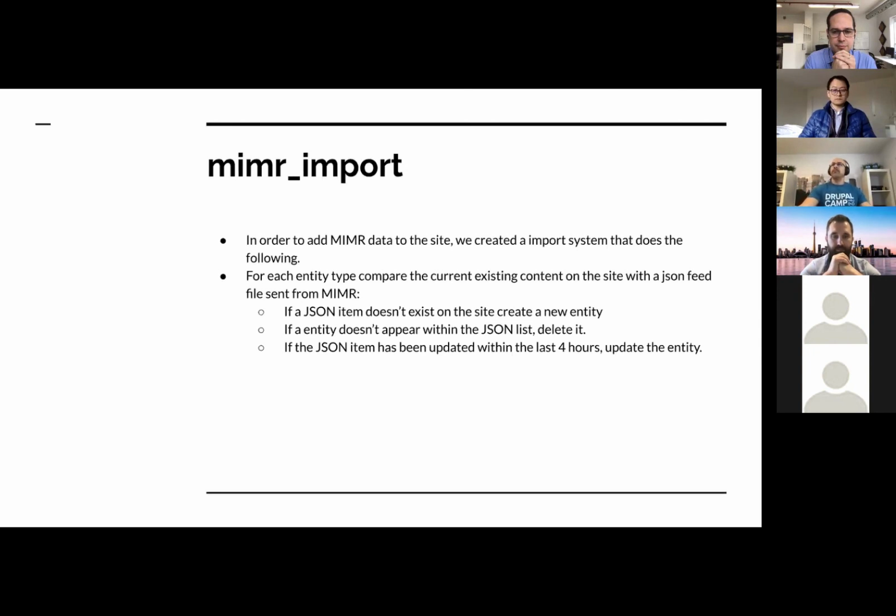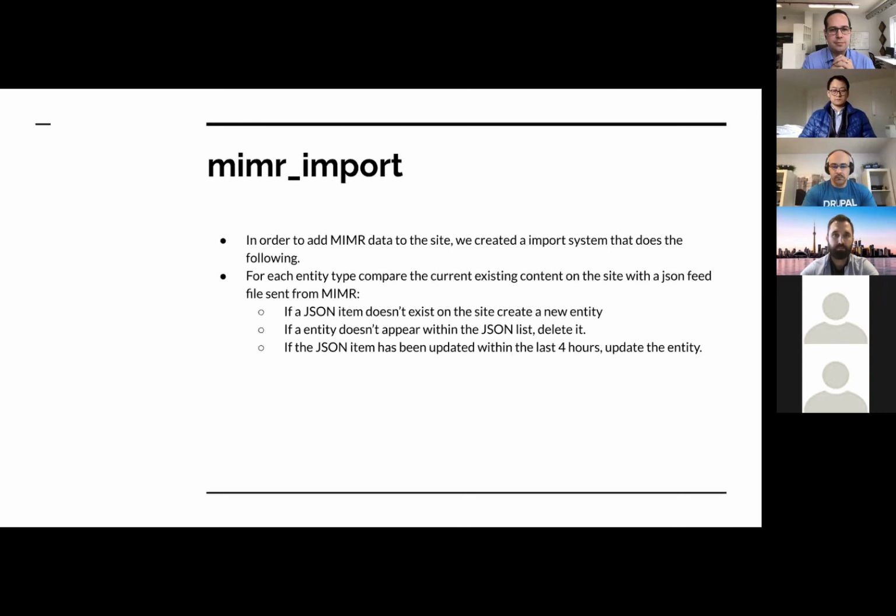From reading the JSON feed import, it will look at each individual item, and if a JSON item is referenced but doesn't actually exist within the site, it will create a new entity to represent that. If an entity that currently exists on the site doesn't appear in the import feed, it will delete it because it's either been removed or is no longer necessary.